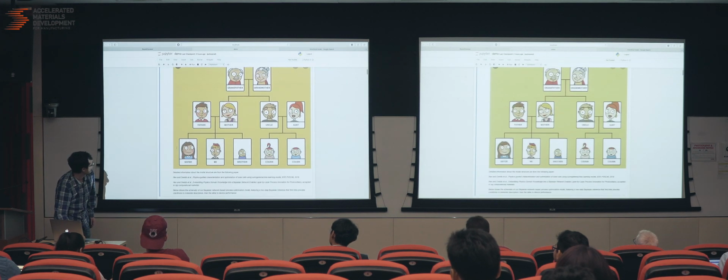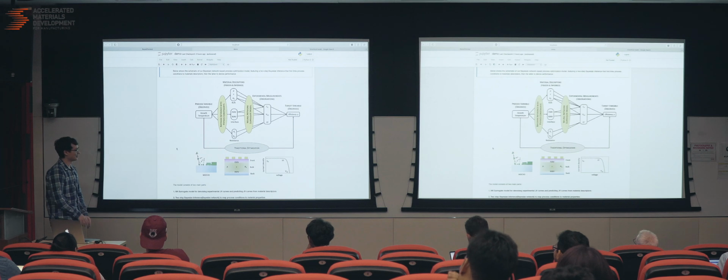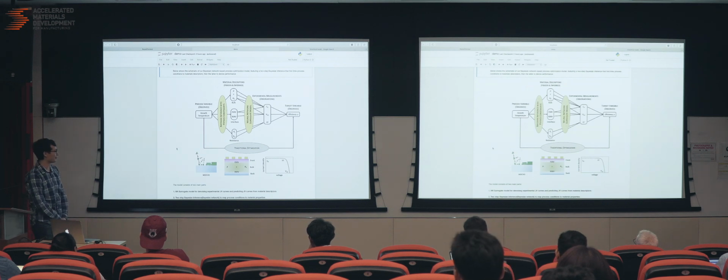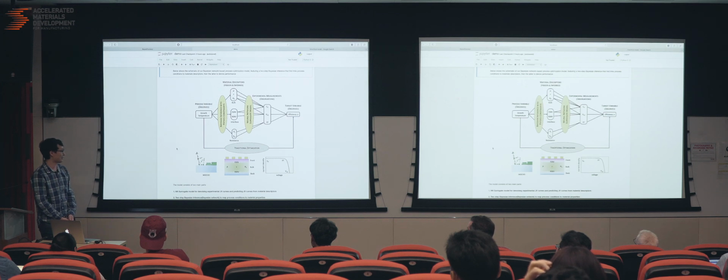So to translate this family tree problem to what we have in the lab: for our day-to-day optimization in the lab, you're also facing a hierarchical problem, which is you have your process tools. In this case, we are looking at gallium arsenide, so we are using MOCVD, metal organic chemical vapor deposition. And what we are measuring typically is the electrical measurement, the JV curve, the current voltage curve.